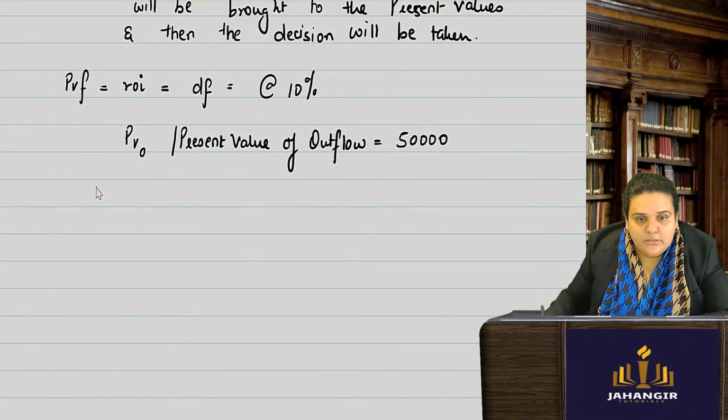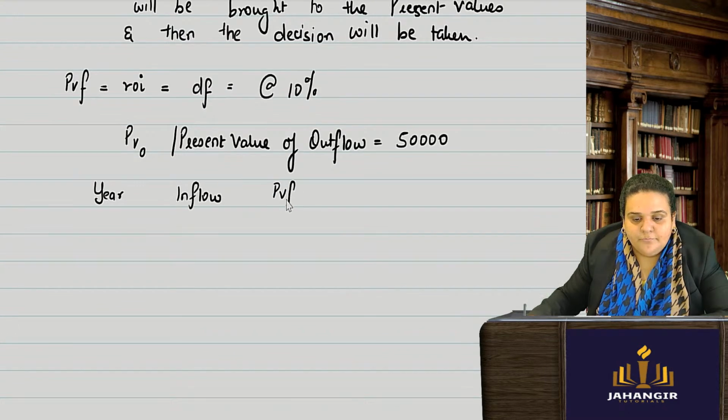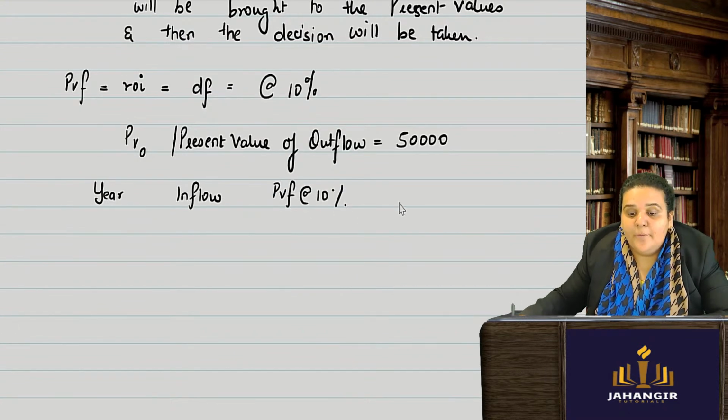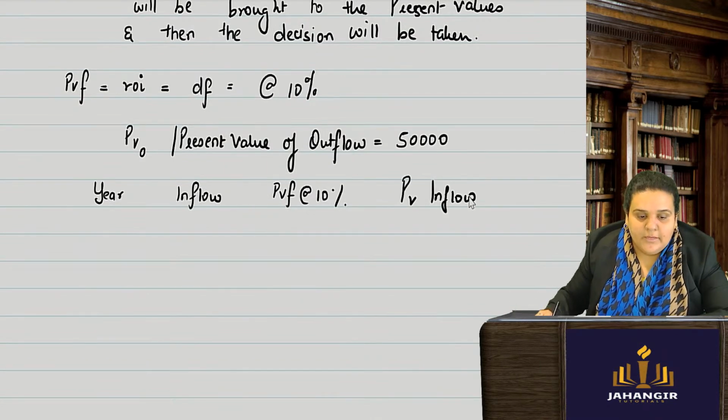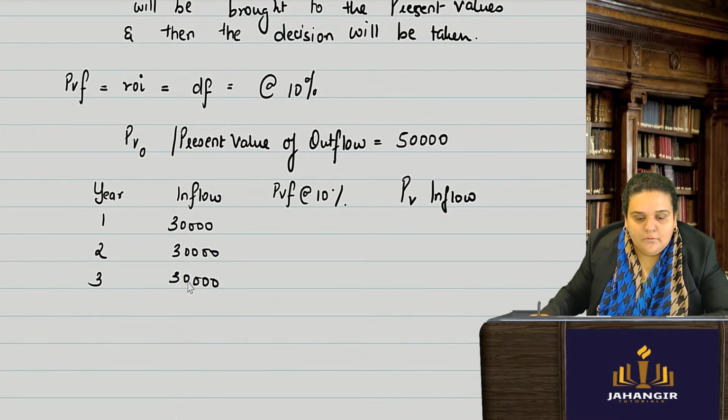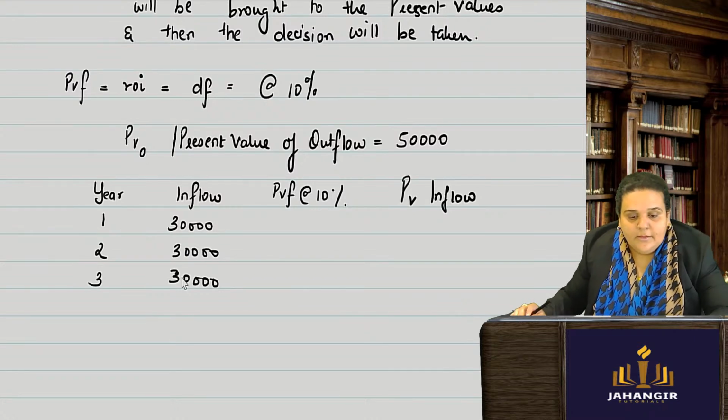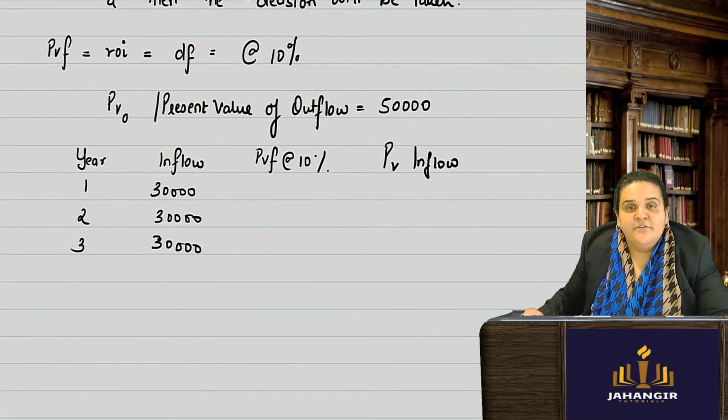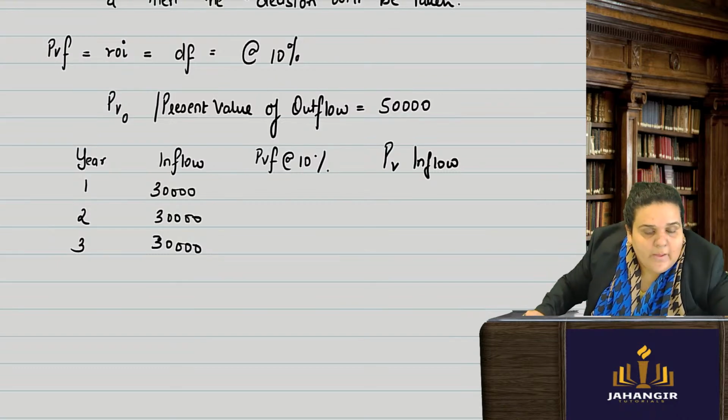I am writing down here inflow, then your PV factor, and then the present value of your inflows. Year 1, 2 and 3. Inflow for all the 3 years is 30,000. Now I have to bring this inflow to today's value.